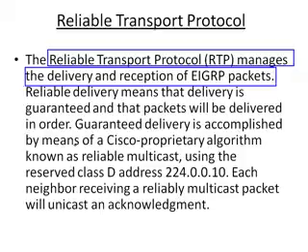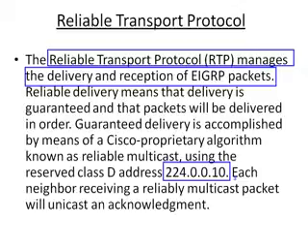Initially, it uses multicast. As soon as you configure EIGRP on any router, it creates a multicast group with the address 224.0.0.10. So to maintain the relationship, it keeps sending hello packets to the 224.0.0.10 multicast IP.